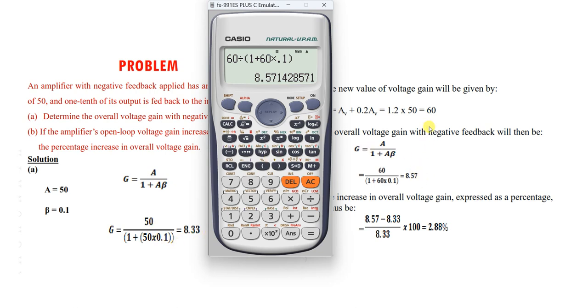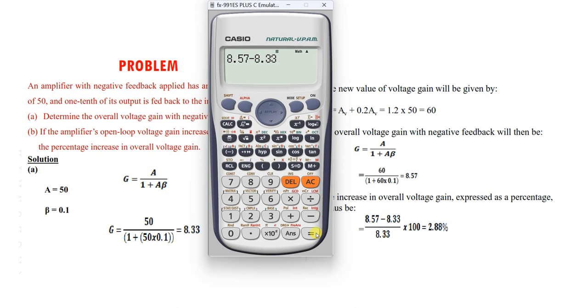Now the gain is increased by 20%. Now it is increased from 8.33 to 8.57. So how much is it increased? You have to calculate 8.57 new gain minus original gain 8.33.